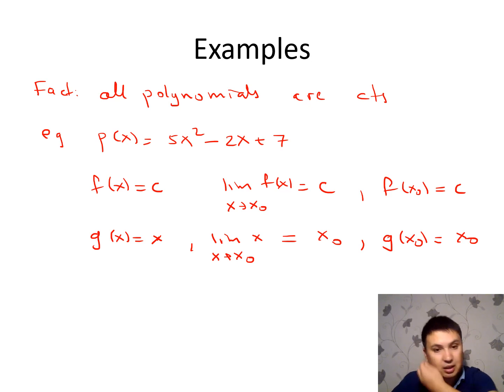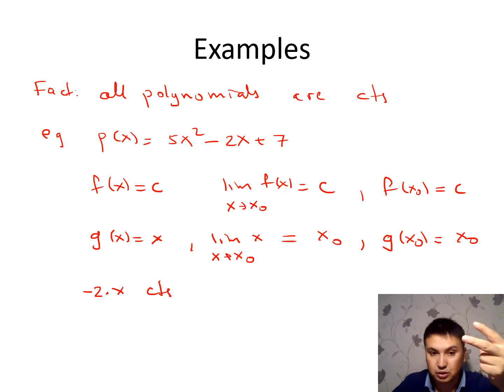Now you simply go back to the fact that the product of two continuous functions is continuous. So in particular, it means minus 2 times x is continuous, because minus 2 is continuous since it's constant, and x is continuous, so the product is. Similarly, x is continuous means x times x is continuous, right? Which means x squared is continuous.